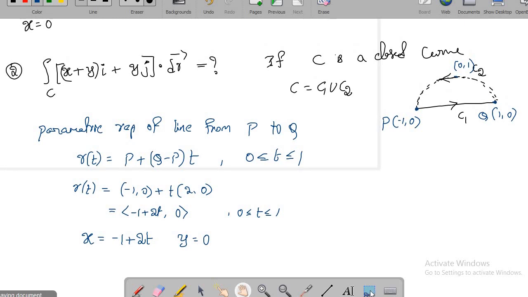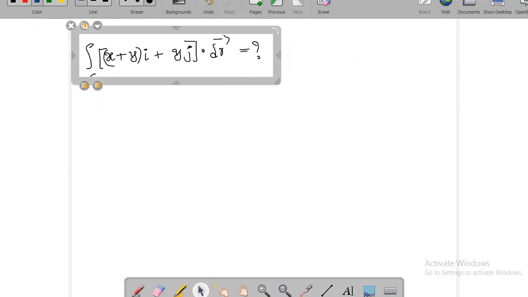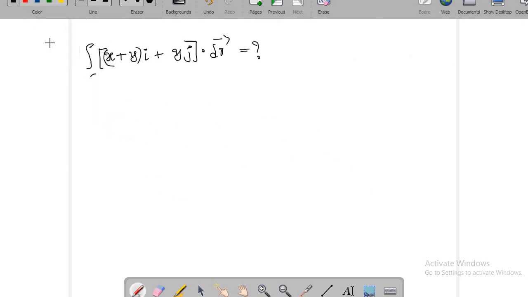Now let us take this line integral. Our aim is to evaluate this line integral. First, let me evaluate it along C1. This is equal to the integral along C1 of (x plus y) dx plus y dy. You know what dr is? dr is nothing but dx i plus dy j, so when you take the dot product, this is what you'll have.